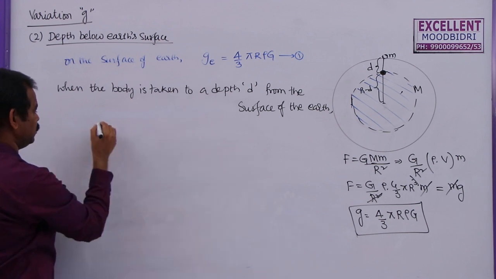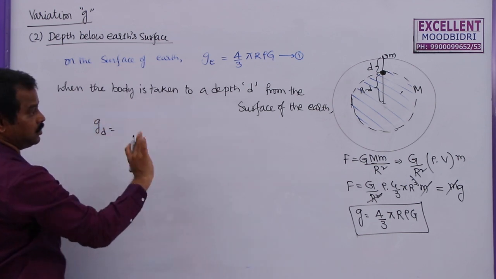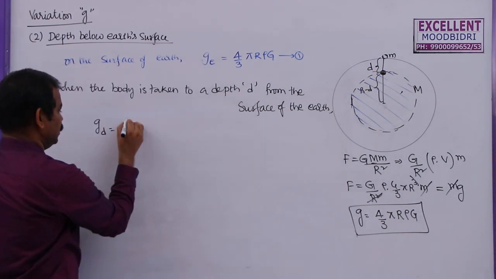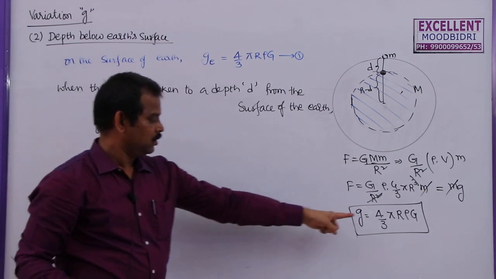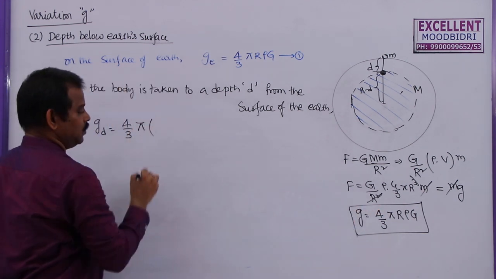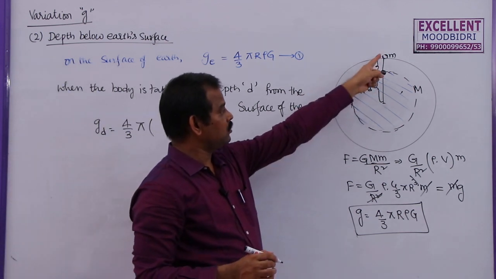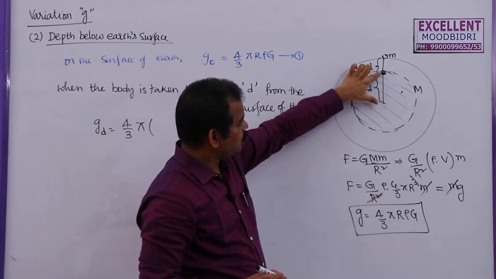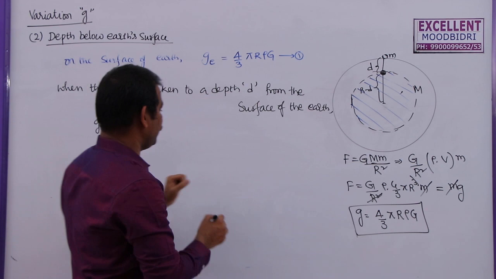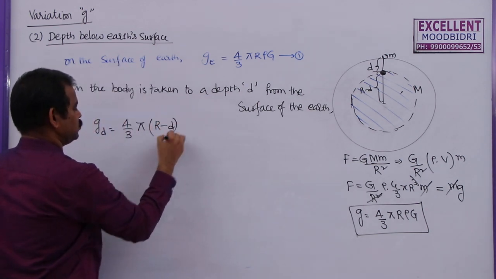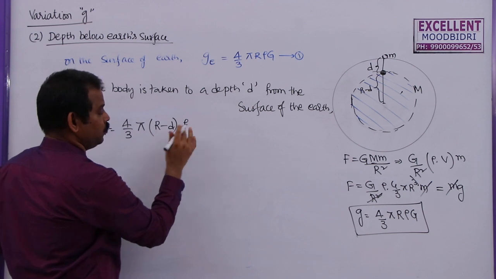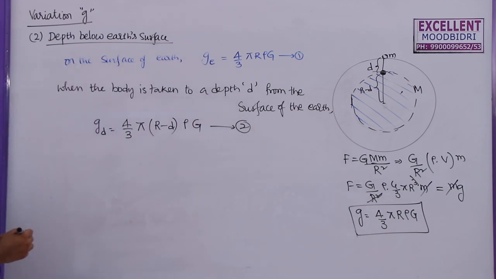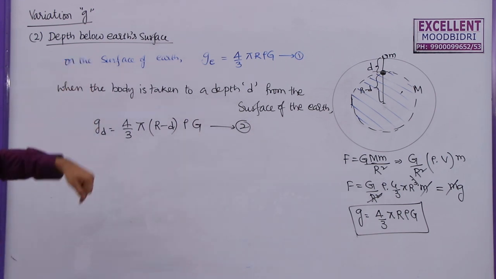Now I am going to write the small g value at a depth d, not on the surface of earth, so I am taking this as small g_d. The 4 by 3 will not change, the pi value will not change, but what is the r value? When the body is on the surface of earth, the distance between the body and the center of earth was capital R. Now the distance between the body and the center of earth is R minus d. So only this factor will change here, the density is uniform and constant, capital G is always constant. This is equation 2, the small g value at a depth d from the surface of earth.